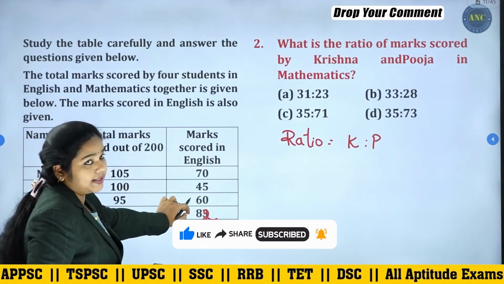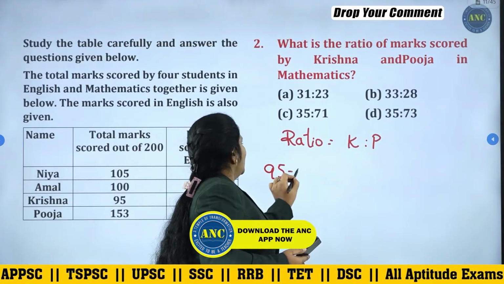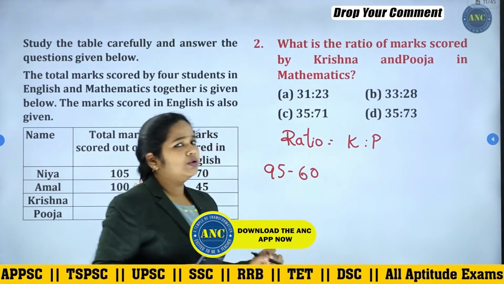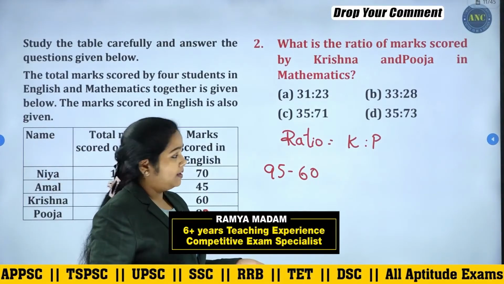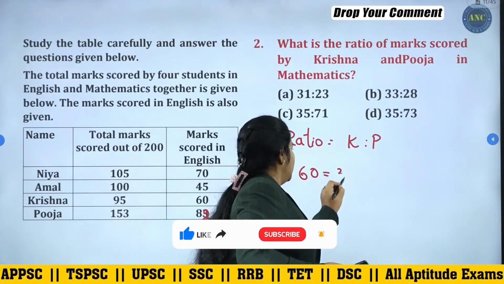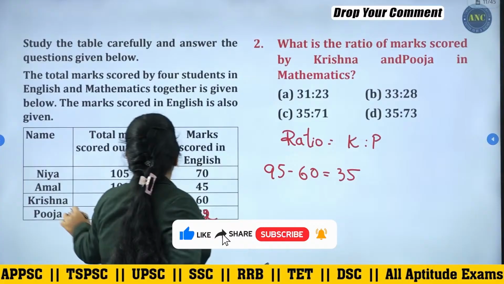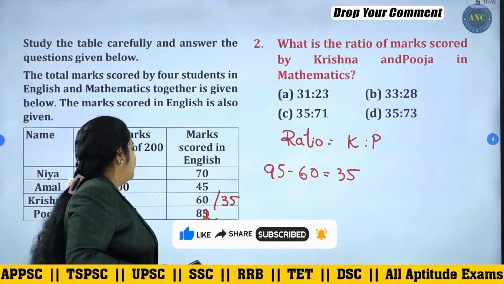English marks is 60. So, 95 minus 60. Do the same thing. Use your brain. Use your mind. 95 minus 60. 90 minus 60 is 30. 5 remaining. Add 5 to that. It's 35. Yes. So, Krishna's marks in mathematics is 35.